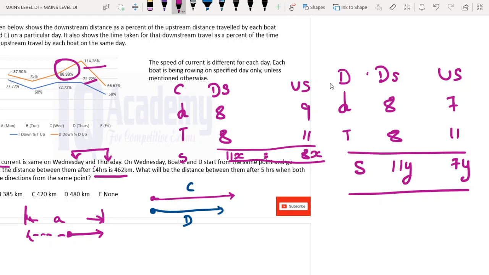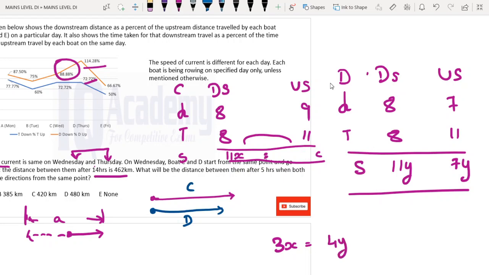Since they gave that the current speed is same, and we know that to find the current speed, as I told you in the previous question, we have to subtract upstream from downstream and divide by 2. So we can write 3x is equal to 4y.